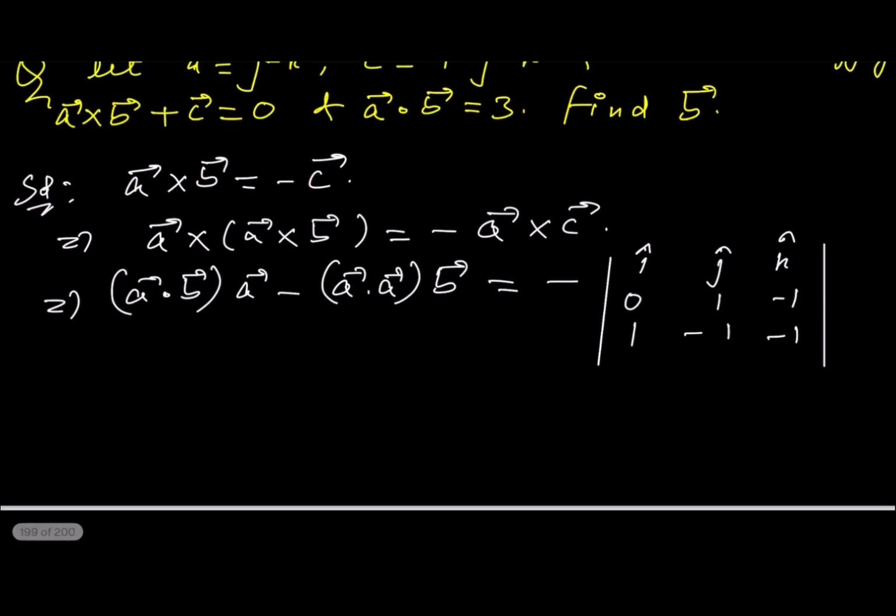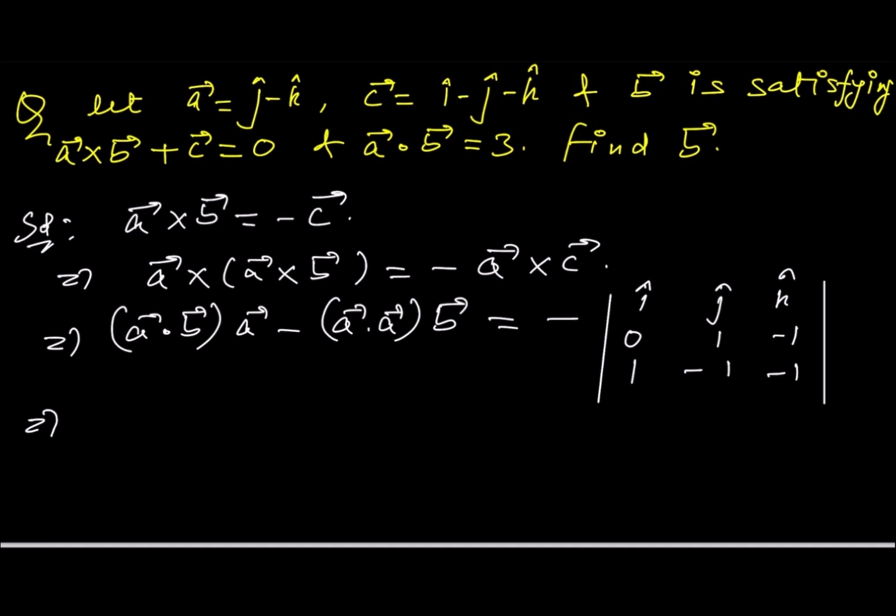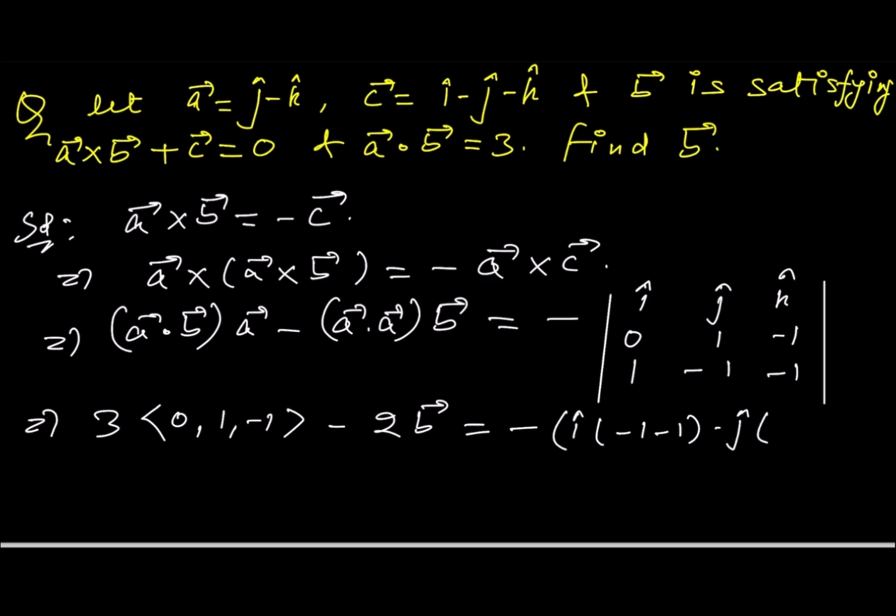Okay, so a dot p is 3, and a vector is 0, 1, minus 1, minus mod a square, which is 2, times p vector, is equal to minus [i times (minus 1 minus 1) minus j times (0 plus 1) plus k times (0 minus 1)].